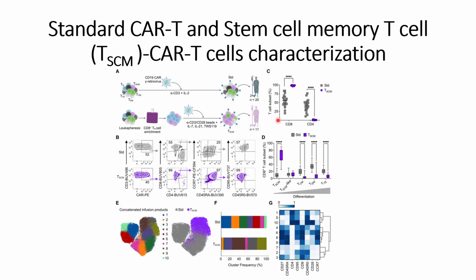After that, they quantified the CD8 plus T cells and CD4 plus T cells in the two different CAR-T cells. For the standard CAR-T cells, almost the same amount of CD8 and CD4 plus T cells are formed, whereas for the CAR-T cells formed from stem cell memory T cells, they see a significant enrichment of CD8 plus T cells and an almost negligible amount of CD4 plus T cells, indicating that the stem cell memory T cells are more homogeneous.